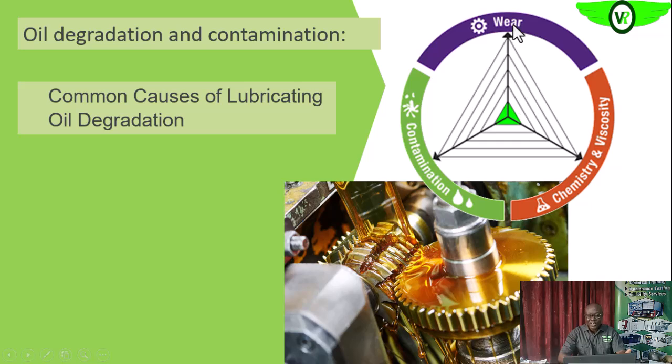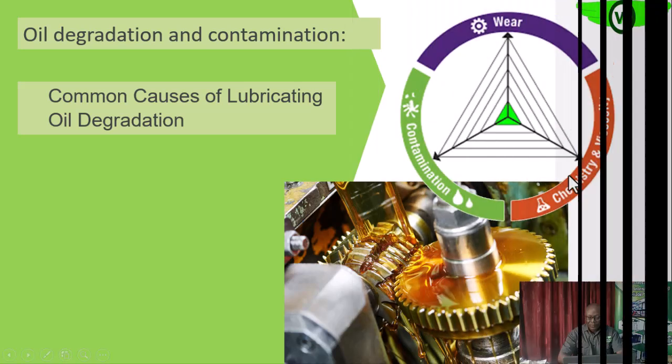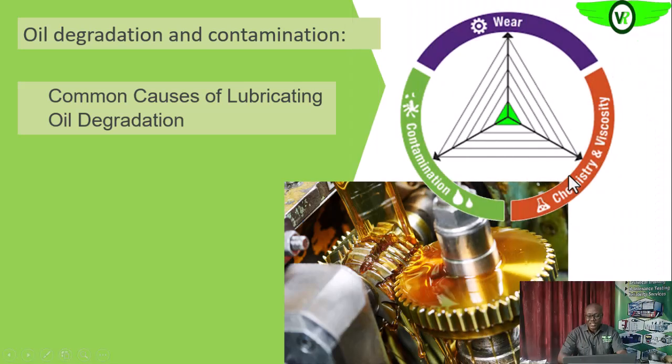The wear particle content, the chemistry and the viscosity, as we said earlier, then the contamination level. This is the trivector that we use to know whether the lubricant is still fit for use.